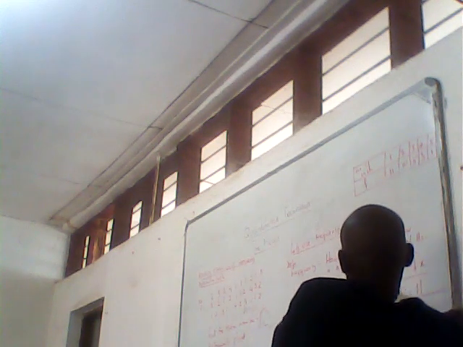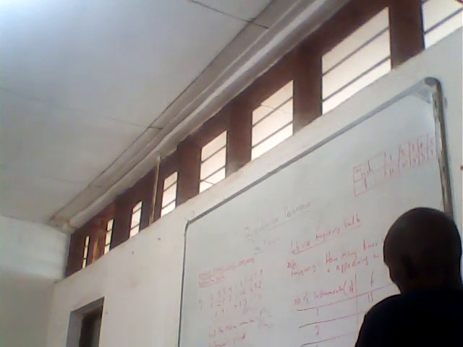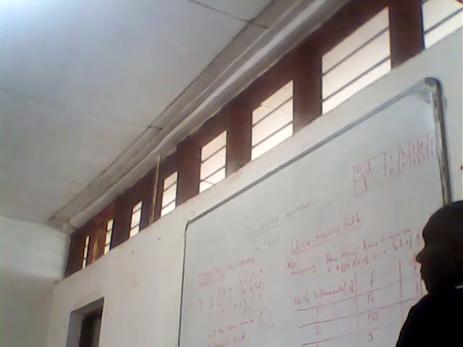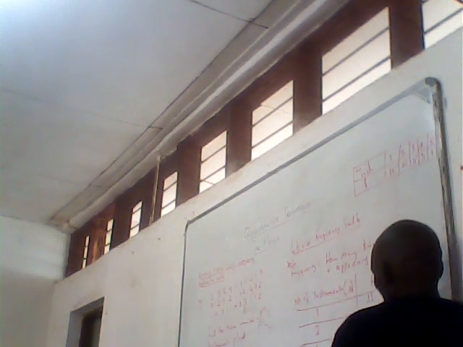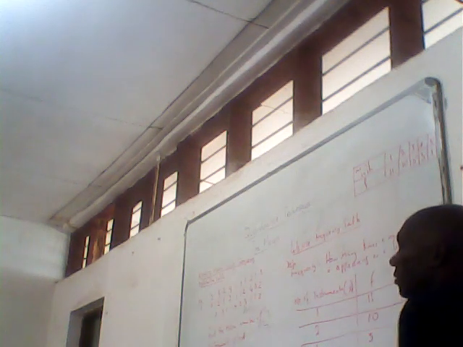From there, you need to find your fx, and then you sum your fx and you sum your f. Then to find the mean, the summation of f of x divided by the summation of f, you are finding the mean. That's what it means there.